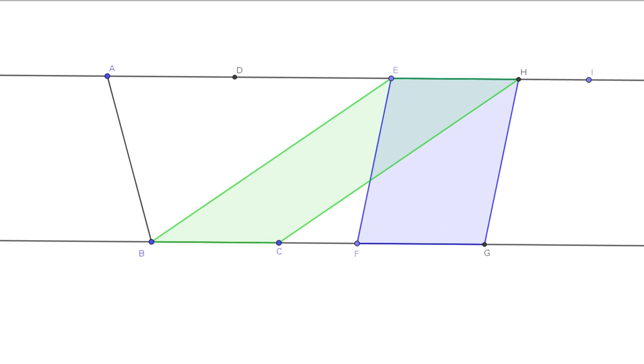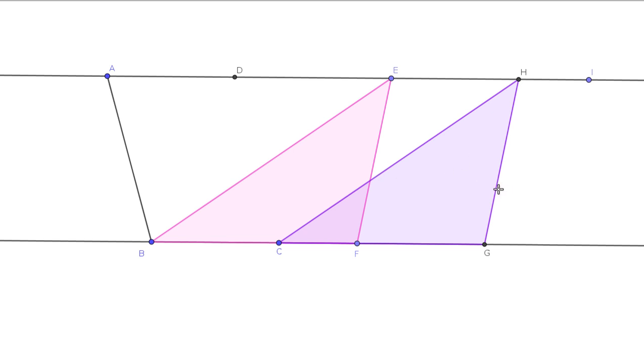And so what we've actually constructed is a couple of triangles, the triangle BFE and the triangle CGH. Now we know that the bases are going to be congruent. We've said that the angle here, BFE, is going to be congruent to our angle CGH, and the sides FE and GH are congruent.